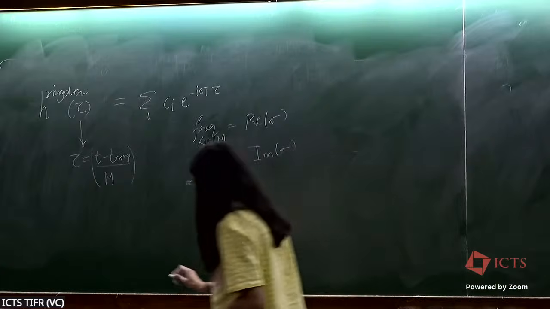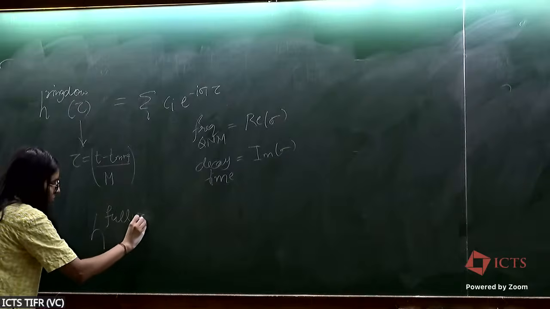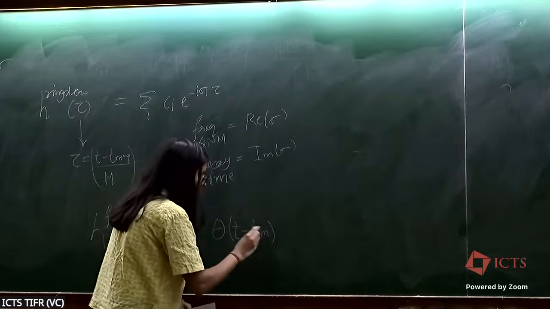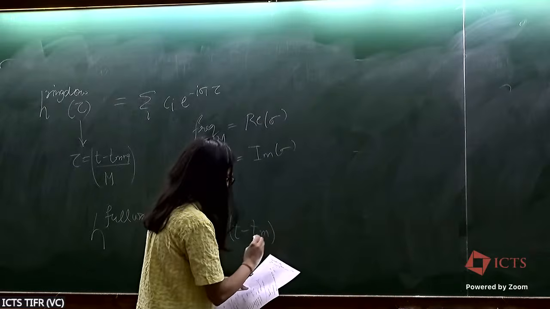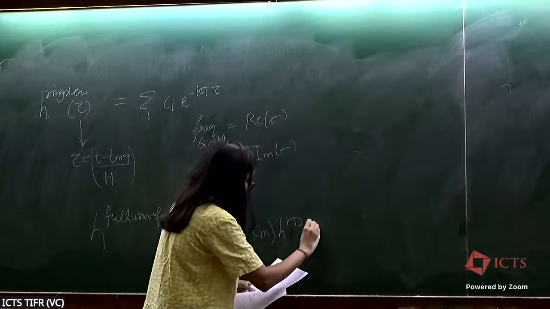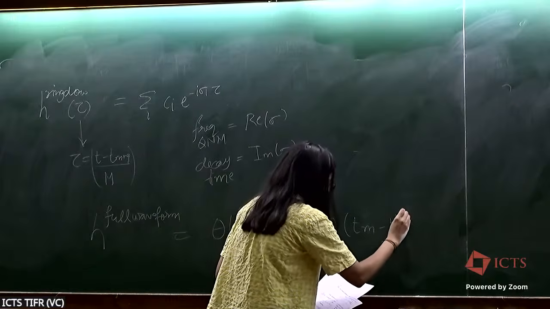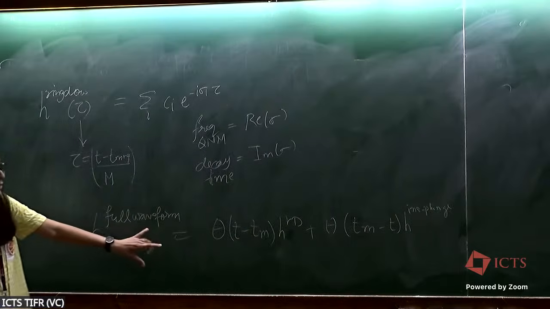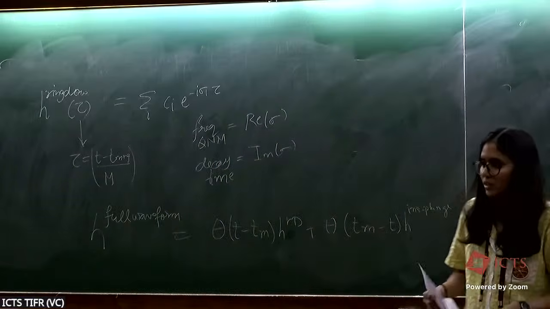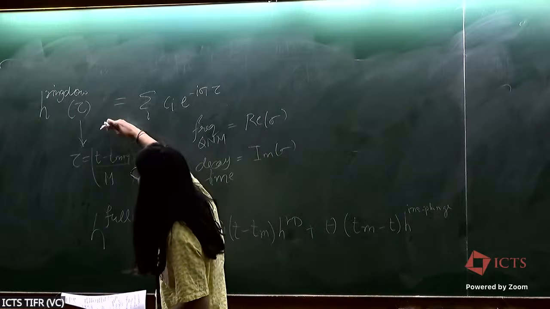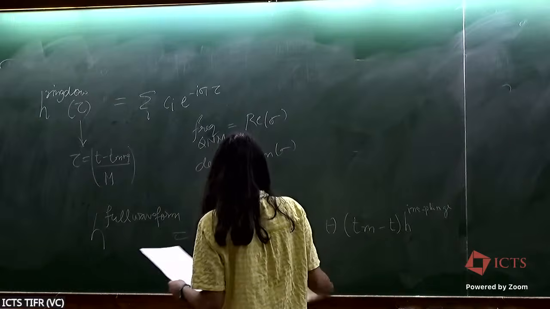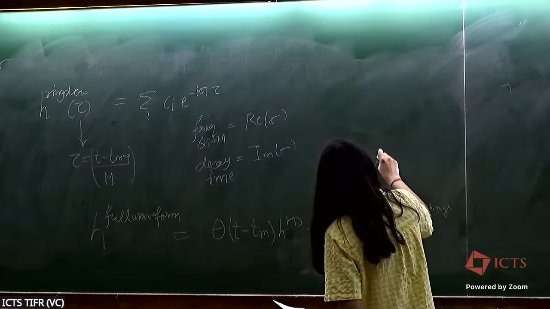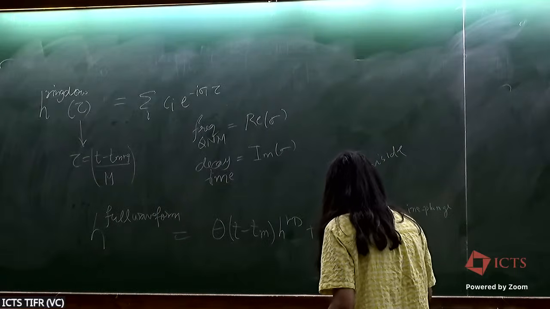So if we say that the full waveform is some combination of the ring down waveform as well as the in-spiral plunge waveform that we just computed, and for ring down we use this h, which is the addition of a large number of multipole moments, then theta is the Heaviside function, and T_m is the merger time.